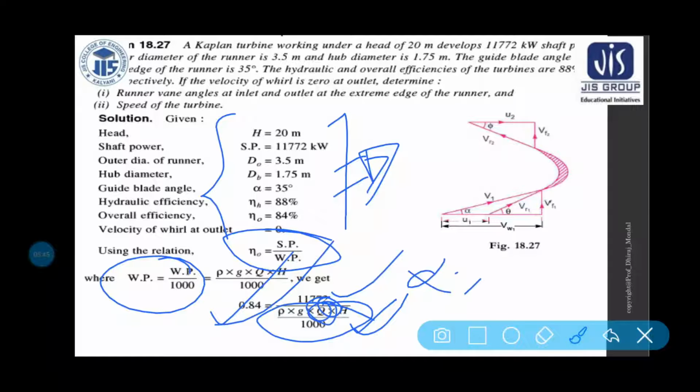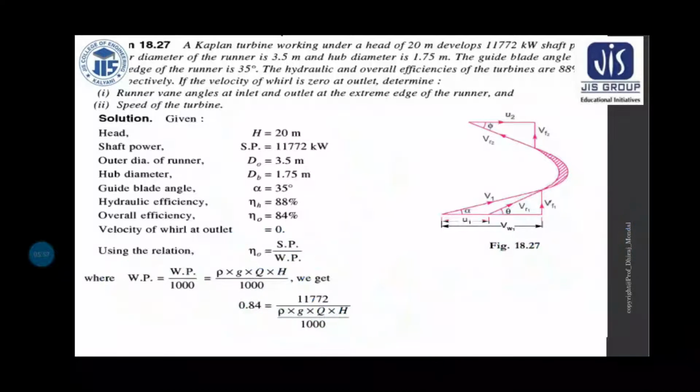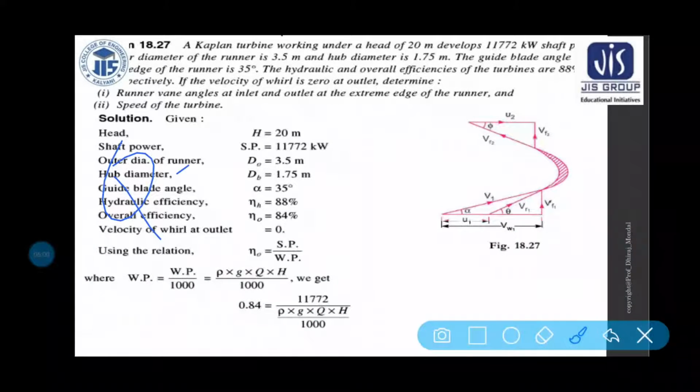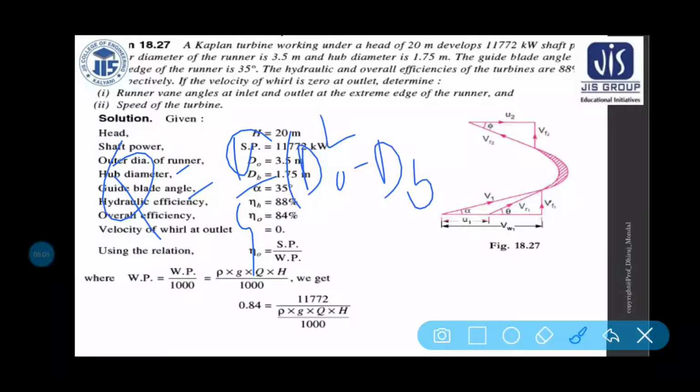So I have got Q, and Q is equal to pi by 4 into d naught square minus dv square, that is outer diameter square minus boss diameter square, into Vf1.